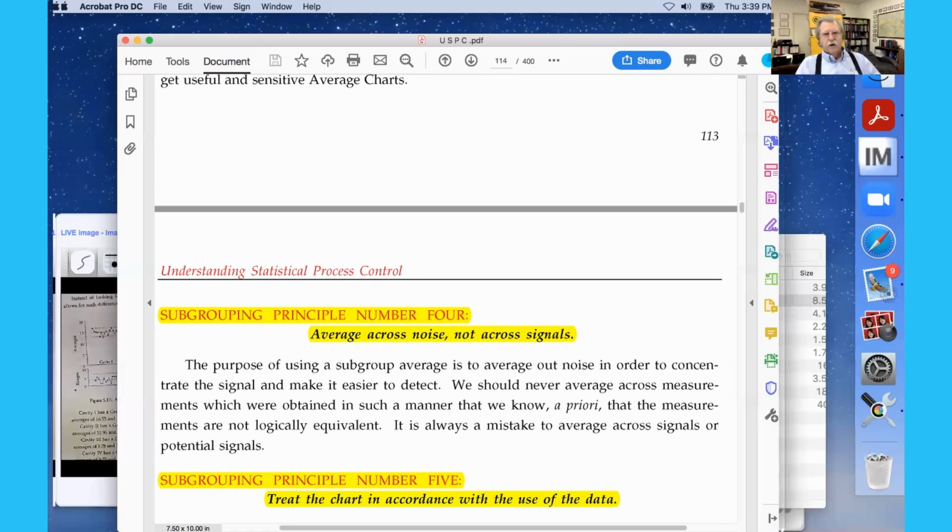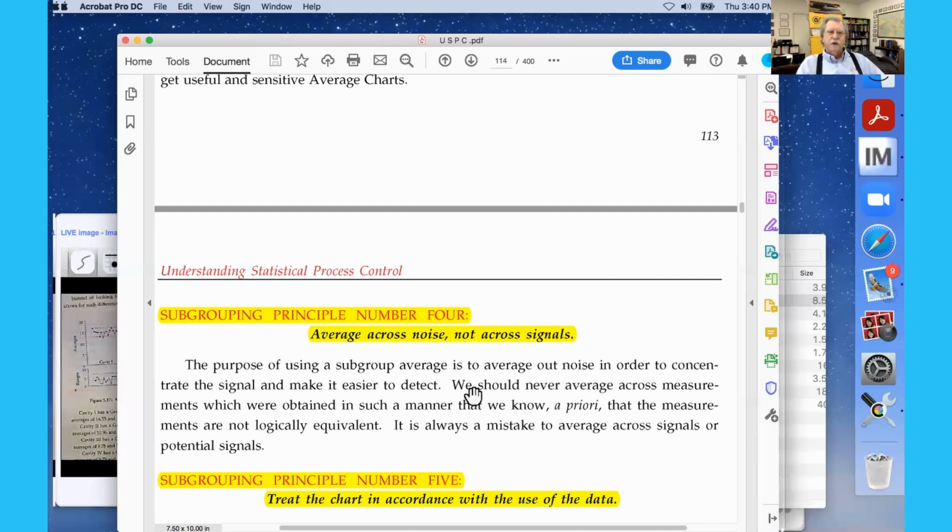Treat the chart in accordance with the use of the data. As the purpose for the chart and the knowledge we've gained changes, you may need to change your subgrouping or even go to a different type of chart. So it's not fixed in stone.